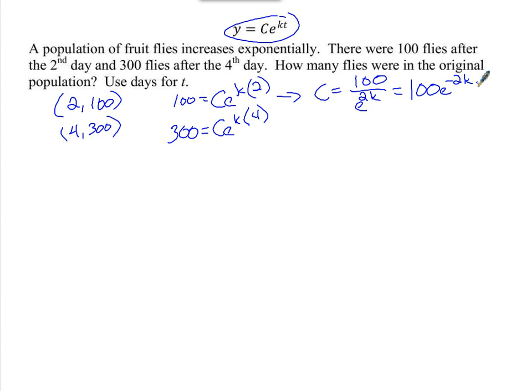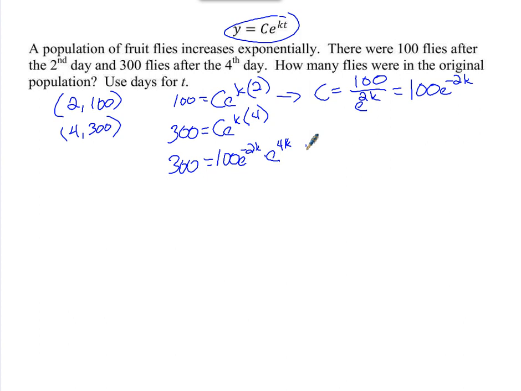So now that I know what c is, 100 e to the negative 2k, I can substitute that in right there, which gives me 300 equals 100 e to the negative 2k times e to the 4k. Now, what can I do to simplify that?